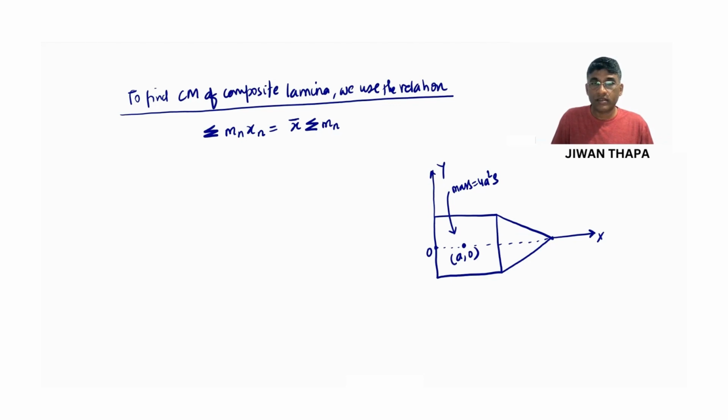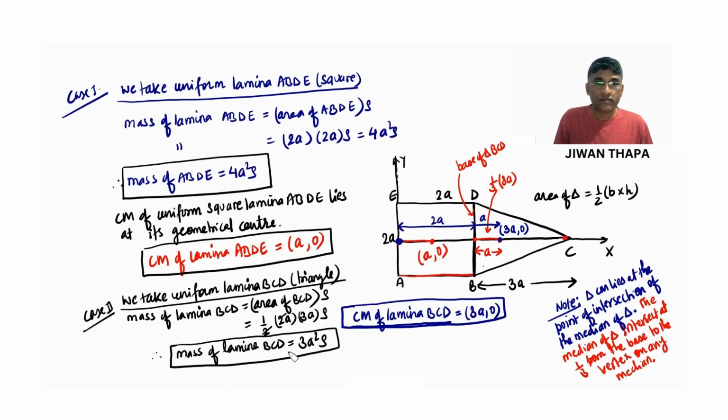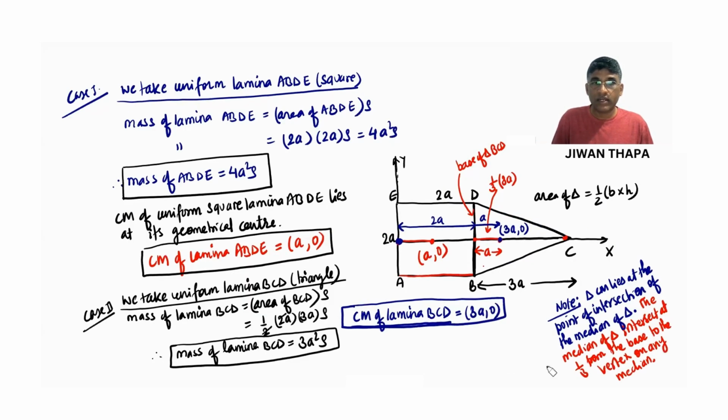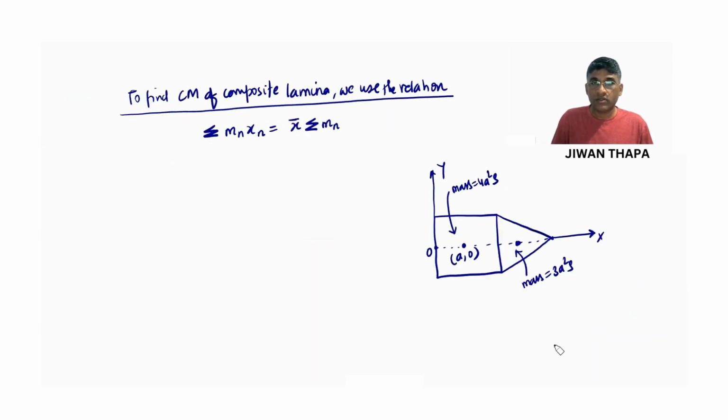For the triangular lamina, its mass is 3A square rho, and its center of mass has coordinate 3A, comma 0. So the center of mass of this triangular lamina is at 3A, comma 0.